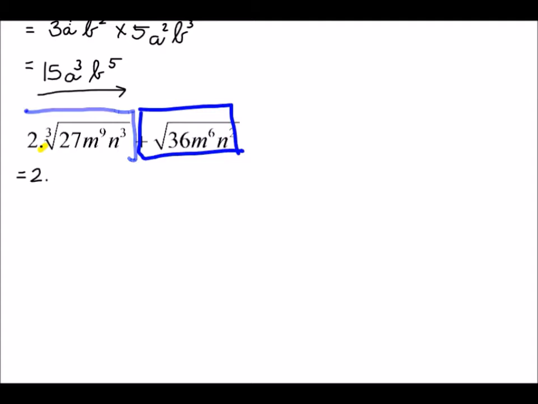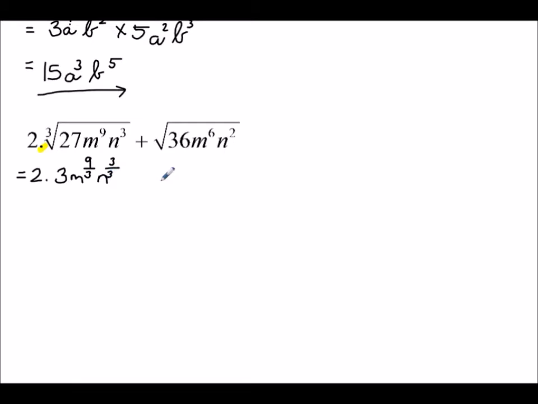Right, let's start with the first term. The cube root of 27 is 3. When I cube root, I take the exponent and I divide by the root. Plus the square root of 36 is 6. Write down my base, and now I have 6 divided by 2 because it's the square root, n squared divided by 2 for square root.